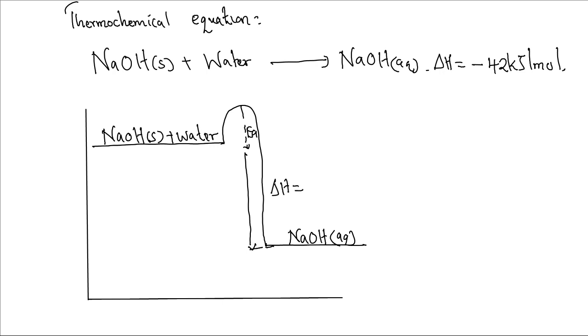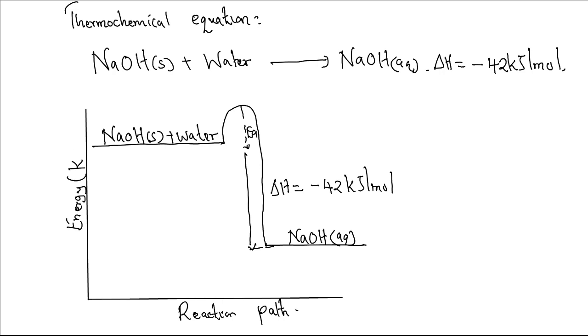Delta H is equal to negative 42 kilojoule per mole. This is reaction progress or path. Then we have energy in kilojoule. So that is the dissolution of sodium hydroxide.